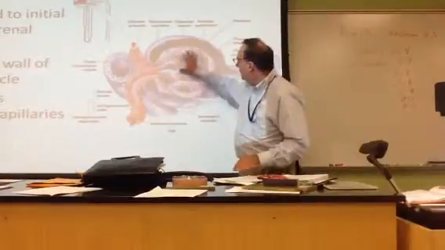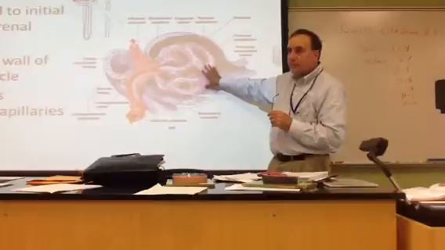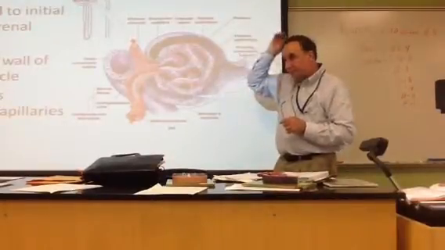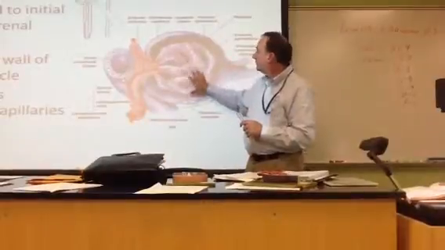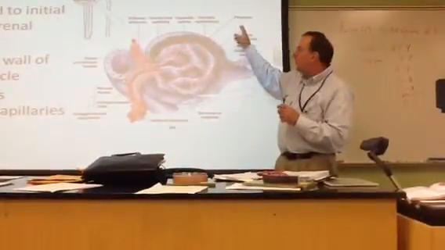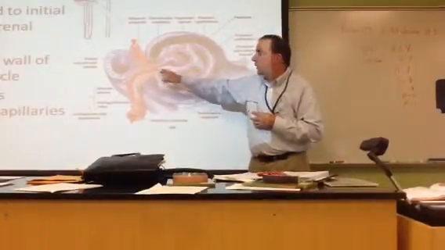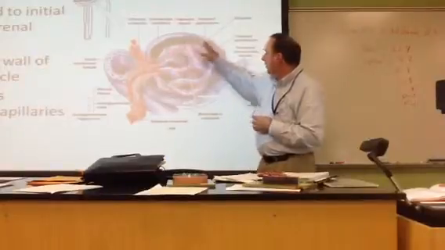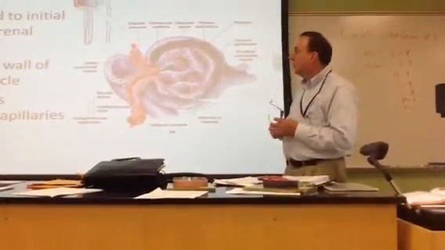Then you have this complicated capillary network, which is called the glomerulus. It has specialized cells on it, called pedicles, which we'll talk about, that control the filtration of the fluid leaving the blood and entering this space to potentially form the urine.